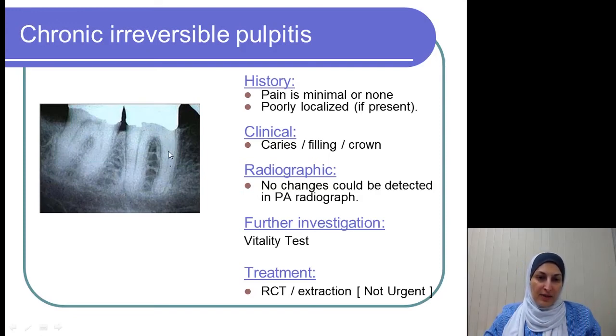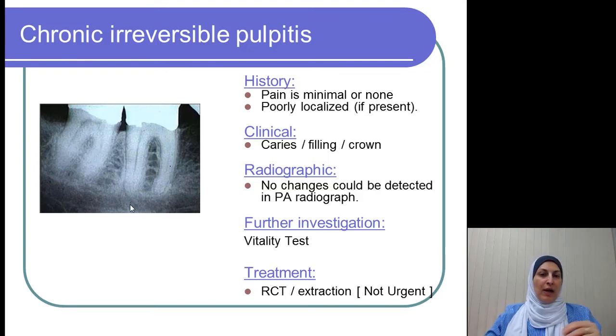Here you can see that the pulp is not showing because of the too much reparative and tertiary dentin that laid down, trying to protect the pulp, and the whole pulp might be just completely obliterated with sclerosis. So here we cannot see the pulp because of the tertiary dentin formed, and here is a small pulp. We definitely cannot see the pulp chamber, and there are no periapical changes. All we can see is hypersclerosis. So hypersclerosis can be seen in cases of chronic irreversible pulpitis.